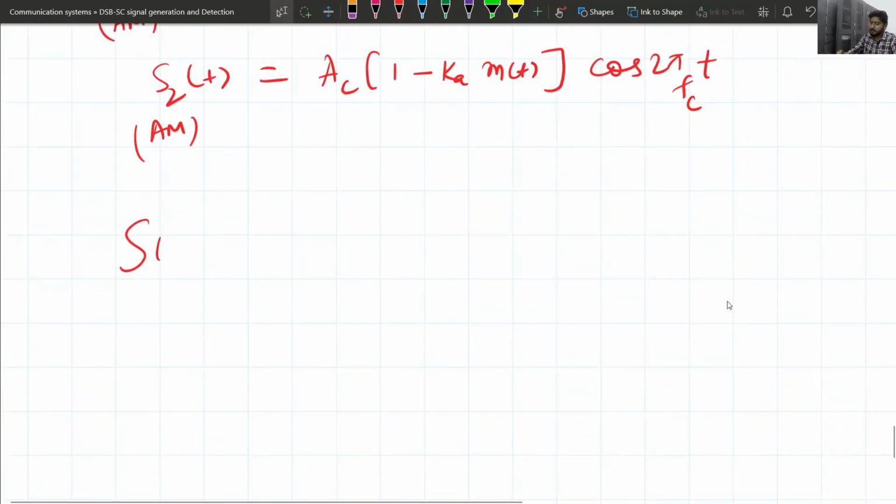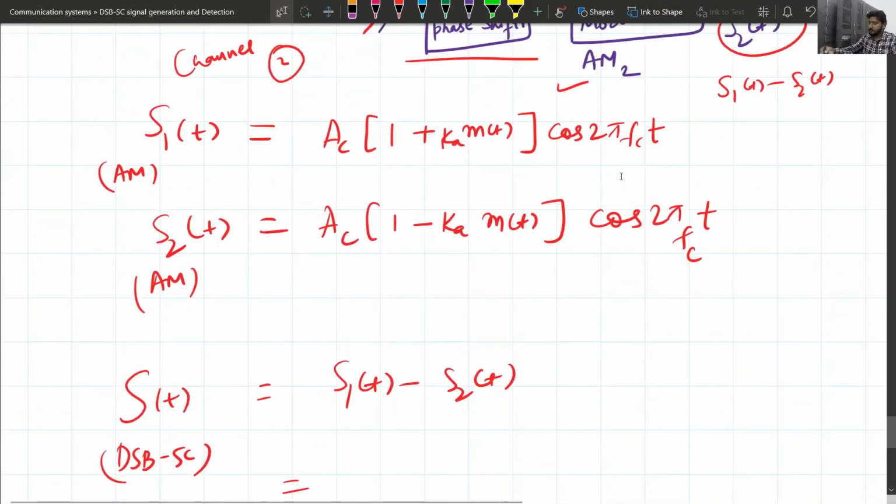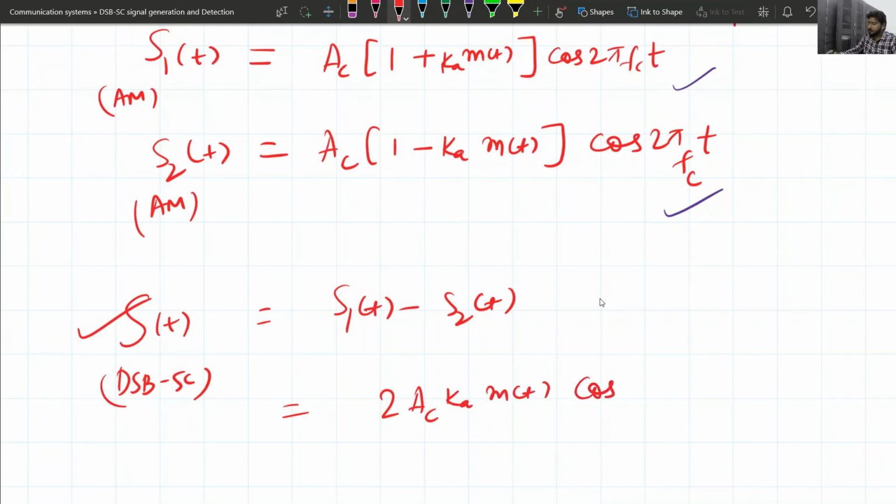Then S(t), the DSB-SC signal S3, will be given as S1(t) minus S2(t). Subtracting these two signals, we will obtain the DSB-SC signal as 2 times Ac Ka times m(t) times cos 2 pi fc t.